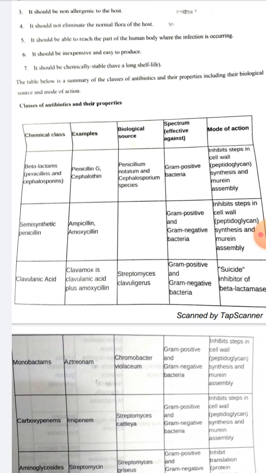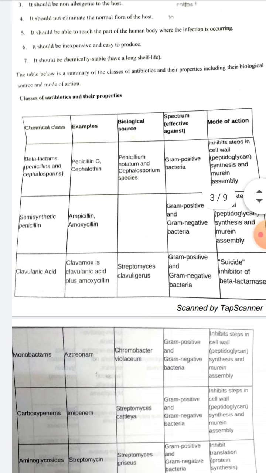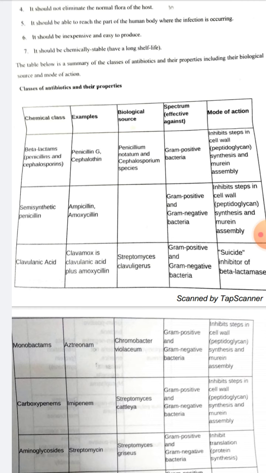They inhibit cell wall synthesis and murein assembly. So actually it inhibits the cell wall synthesis. What are beta lactams? They are antibiotics which contain a beta lactam ring in their molecular structure.